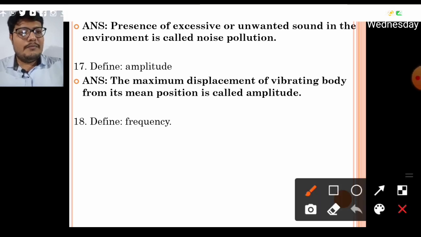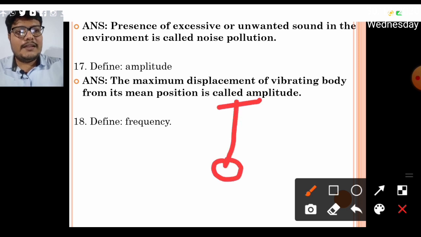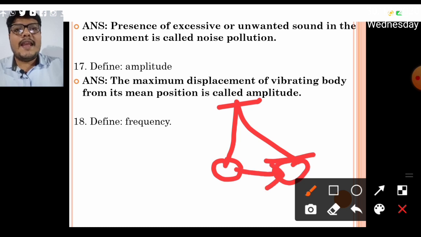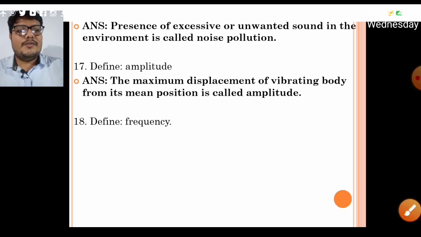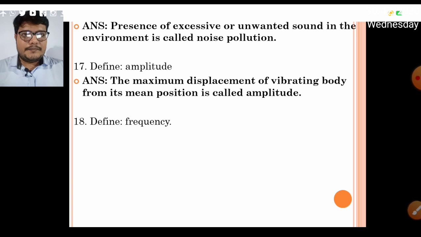Now mean position: if you talk about a pendulum, if this is its mean position, it starts moving, this is its maximum displacement, right? And on this side, this one is its maximum displacement. So this distance from here to here is its amplitude.